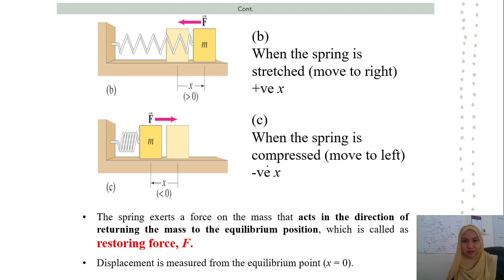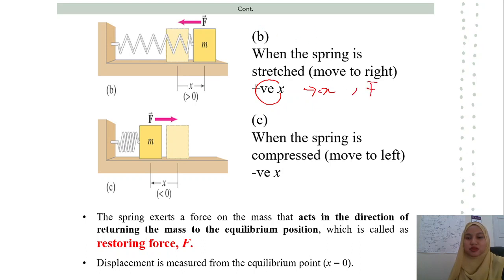Let's proceed with B. When the spring is stretched, it means that we pull the spring to the right. So at this point, X is to the right. That is why X here is positive, because we stretch the spring. Of course, F will act in the opposite direction.